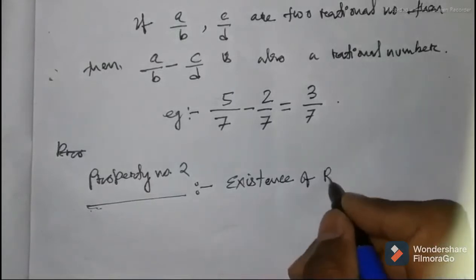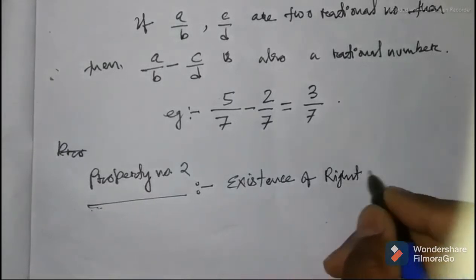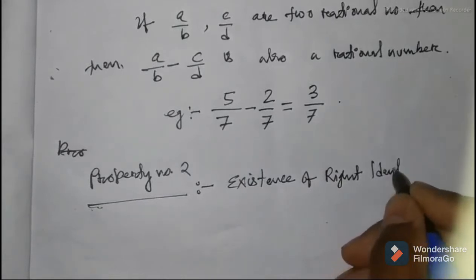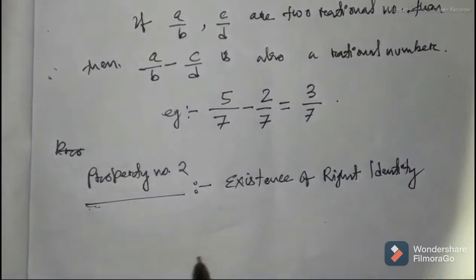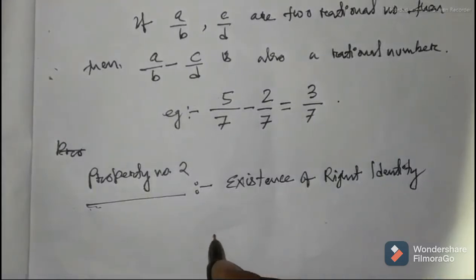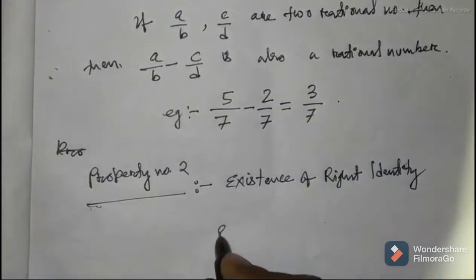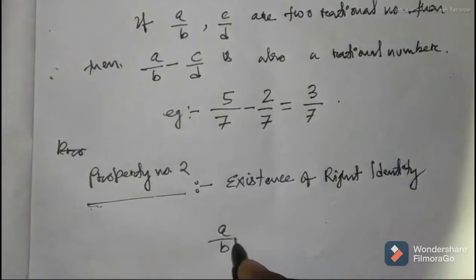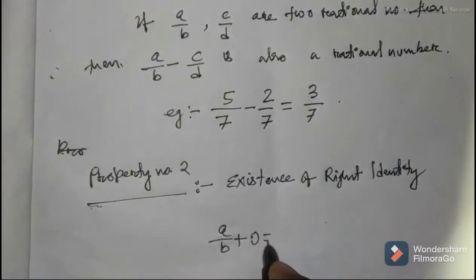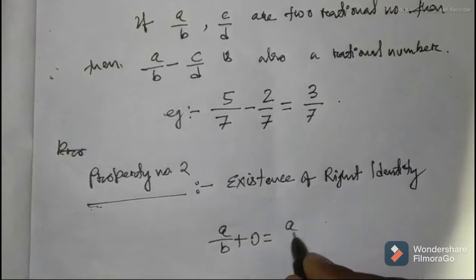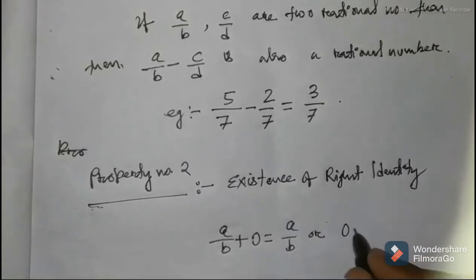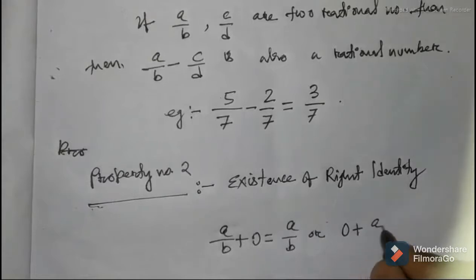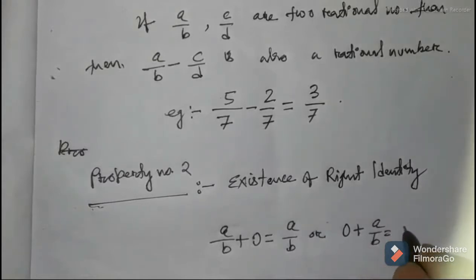Let us see: a by b plus 0 equal to a by b, or 0 plus a by b equal to a by b.